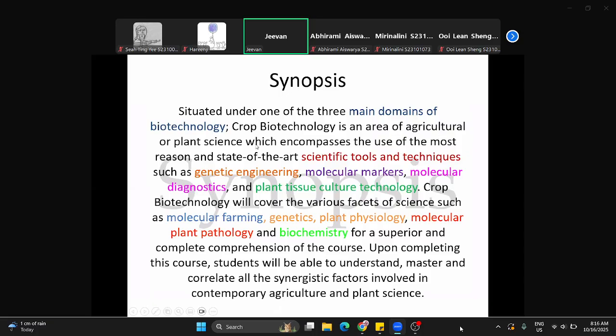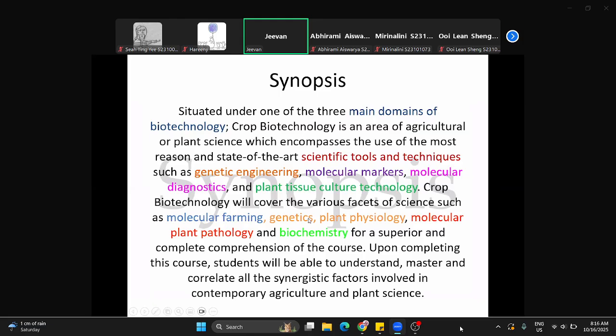It is an area of agricultural or plant science, which encompasses the use of the most recent and state-of-the-art scientific tools and techniques such as genetic engineering, molecular markers, molecular diagnostics, and plant tissue culture technology.